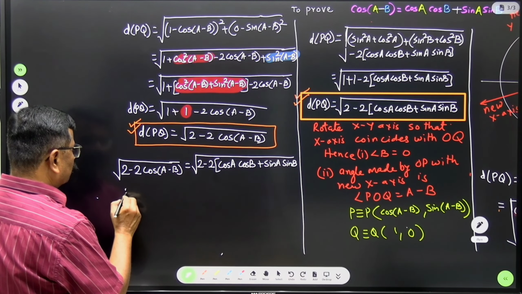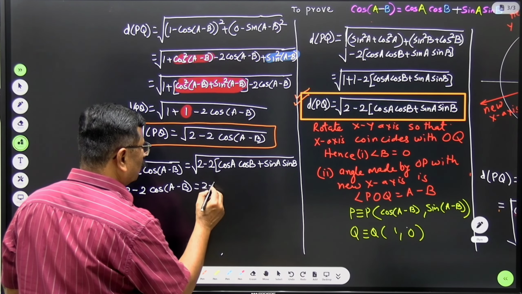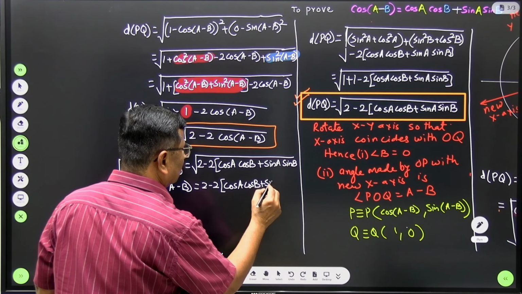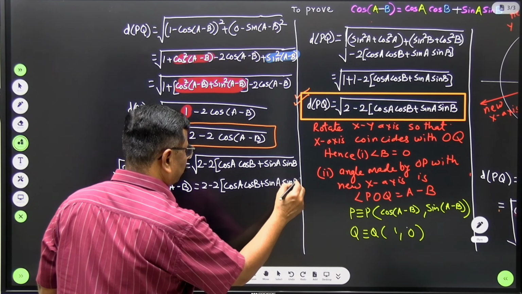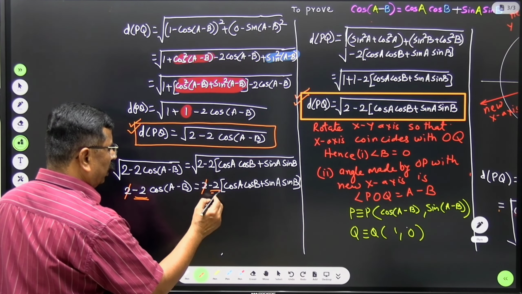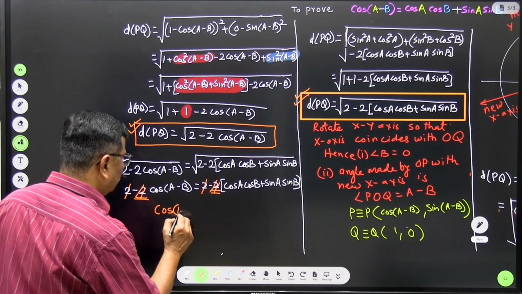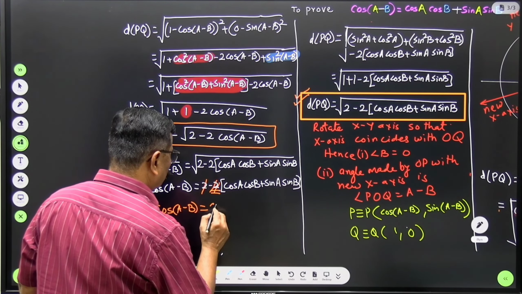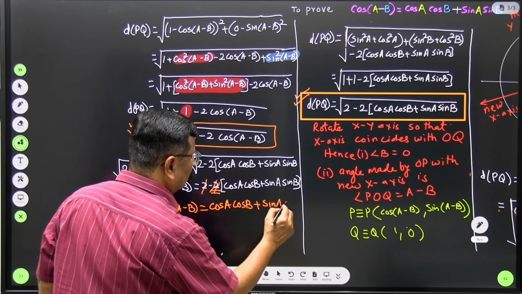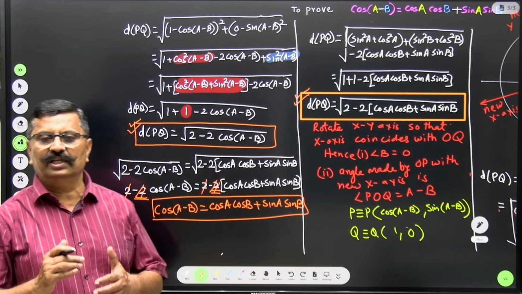Now you square both sides, so we'll get 2 minus 2 cos(A minus B) is equal to 2 minus 2 into the bracket cos A cos B plus sin A sin B. Now see, this 2 will get cancelled, and even this minus 2 and this minus 2 cancel. So you are left with cos(A minus B) is equal to cos A cos B plus sin A sin B. So this is the final formula for cos(A minus B).